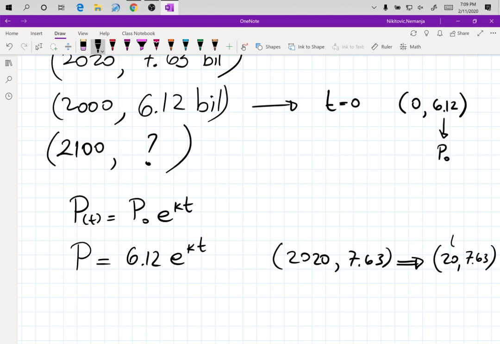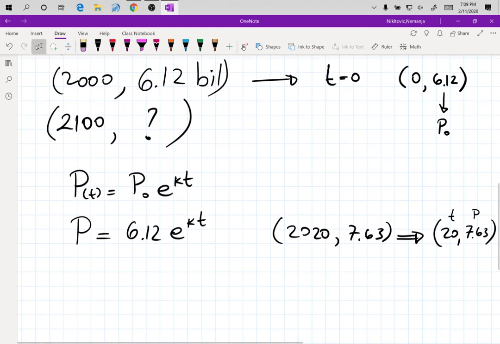We have our time t, we have our population p, plug those in, and you will be able to calculate k. So 7.63 is equal to 6.12 e to the 20k, right? Because t equals 20 and k is what we are looking for.